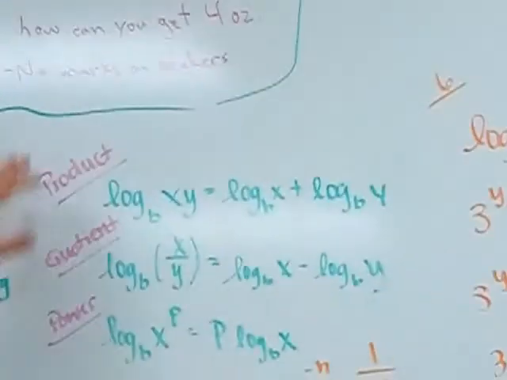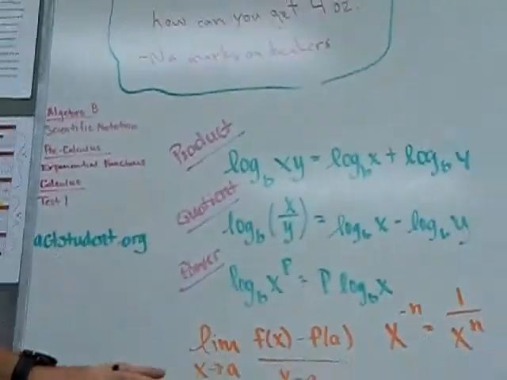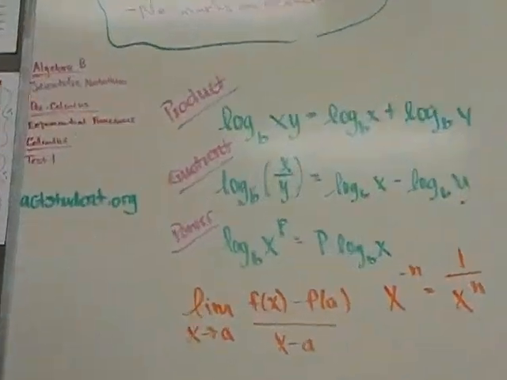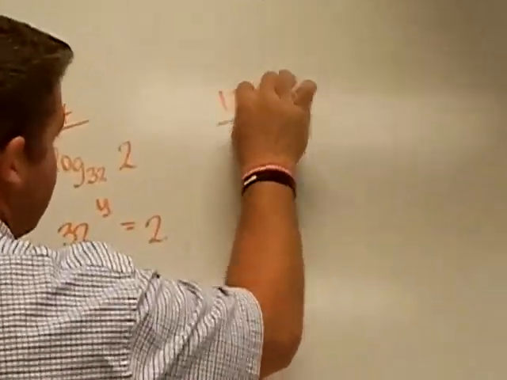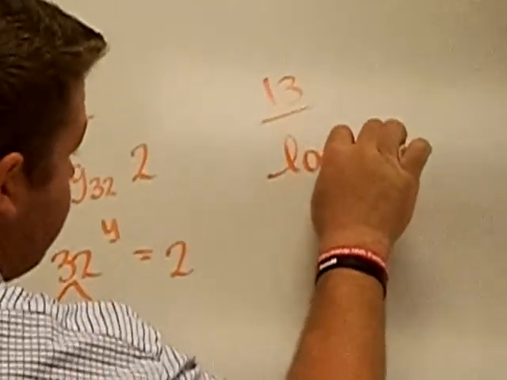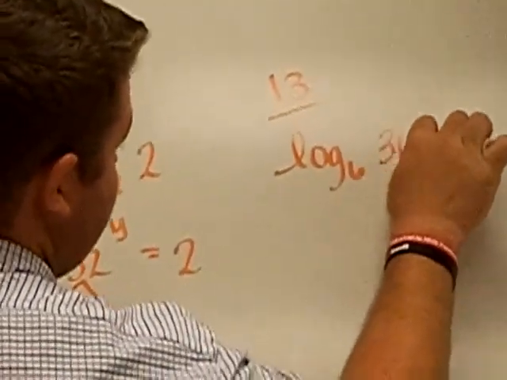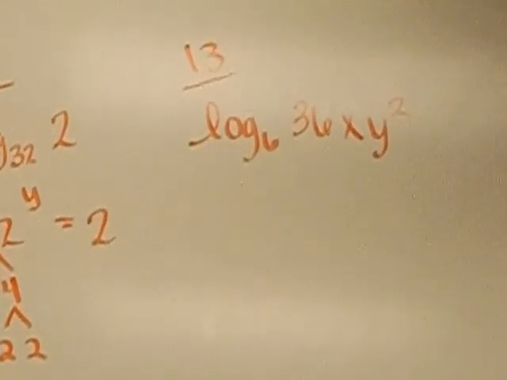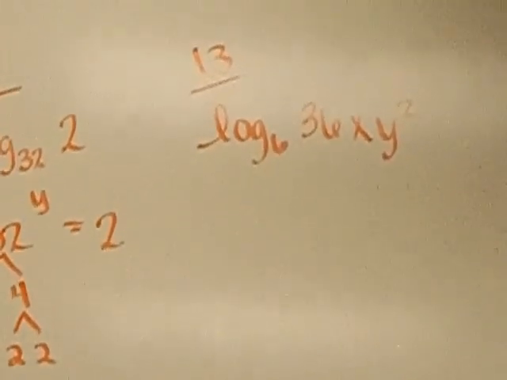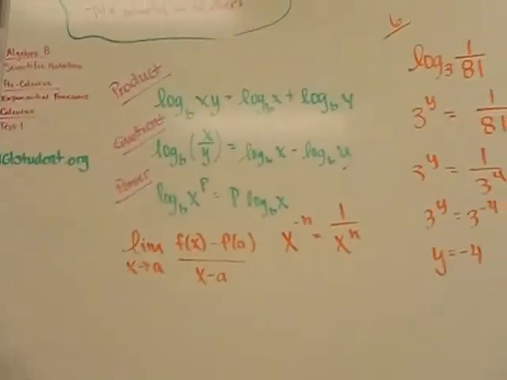All right. 13 and 14, we are expanding. So when we expand, we're going to use these properties. 13 says log base 6 of 36x y squared. So look at the 3 properties we have.